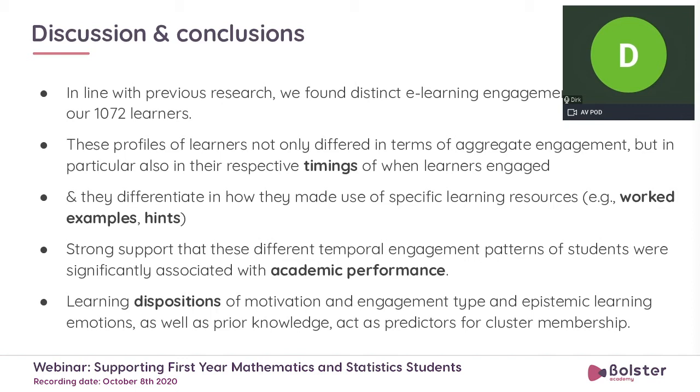We find relationships with academic performance, it's somewhat weaker, and we find strong relationships with learning dispositions, which can help in terms of educational interventions to see what students need more help in order to overcome their anxiety.